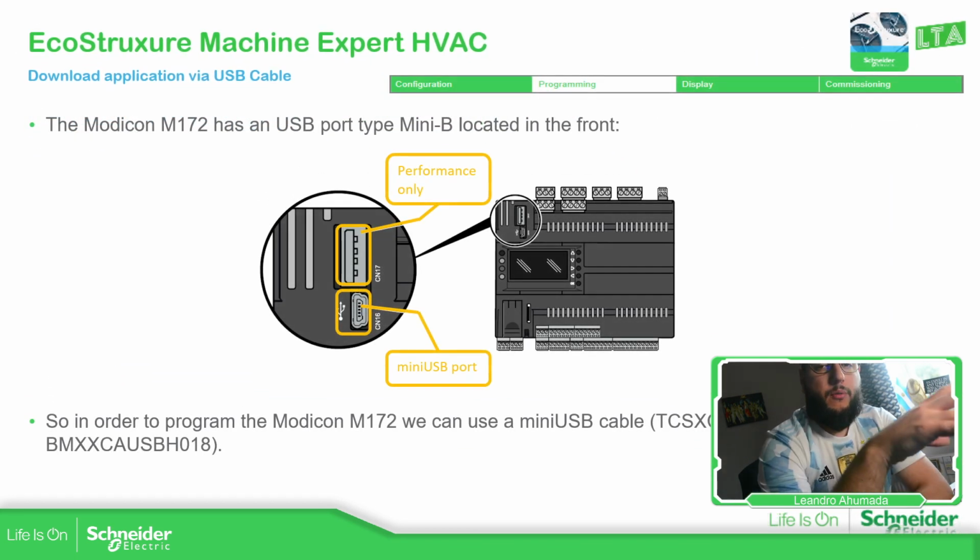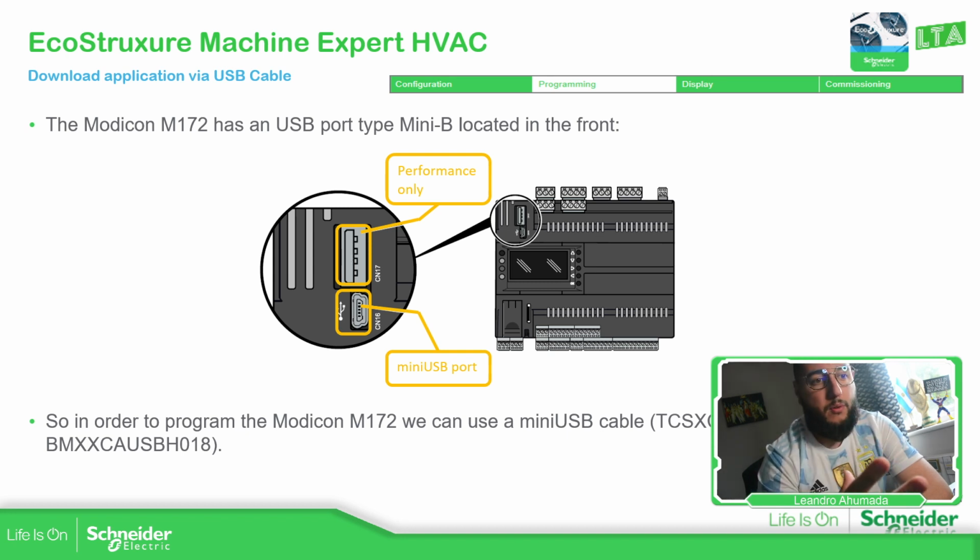So in front of our M172 we have two USB ports. One is only for the Performance, the M172 Performance, so we can use a USB stick to perform different operations that we're going to cover later. The one that I want to focus on is the mini USB that we have below the bigger one.